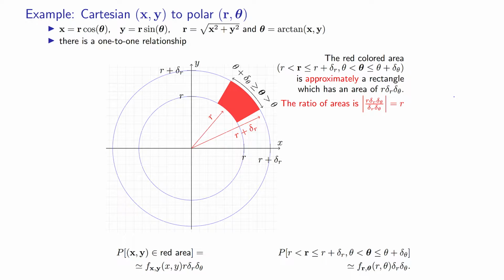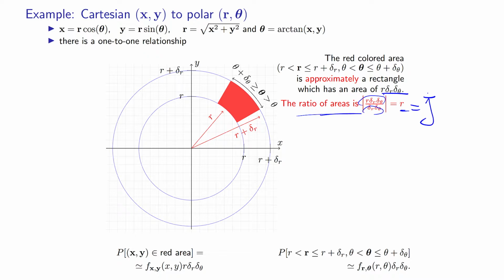So remember that the colored area is approximately a rectangle which has this area, and the ratio of the two areas, in the Cartesian domain and in the polar domain, is equal to this divided by this, which is called the Jacobian.